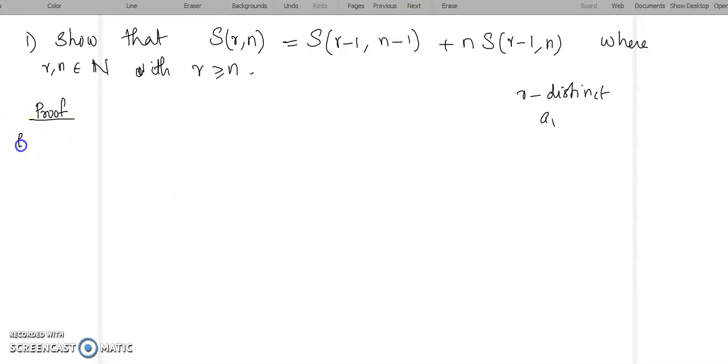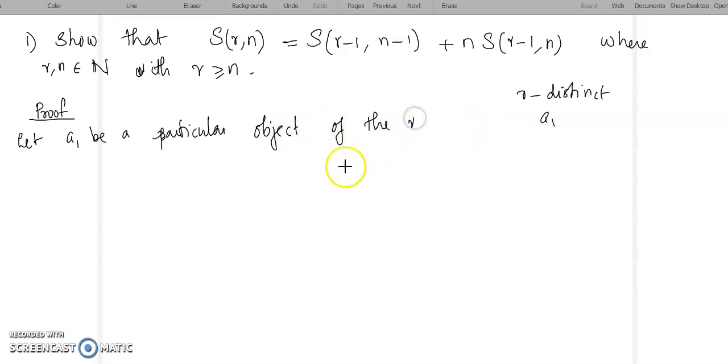So let A1 be a particular object of the r distinct objects.